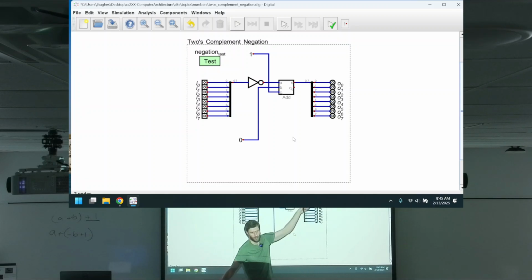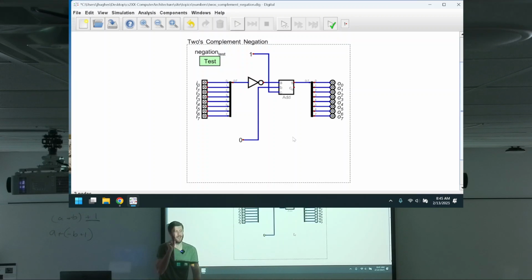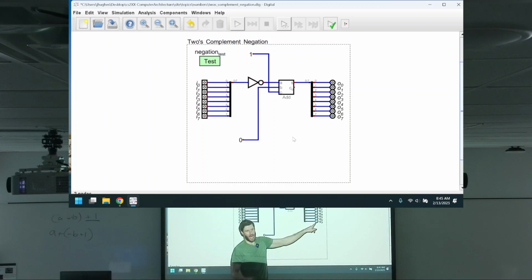Like these could all be 0, right? So that's a good point. If I know that that bit pattern is a signed integer, when the most significant bit is a 1, I know it's a negative number.